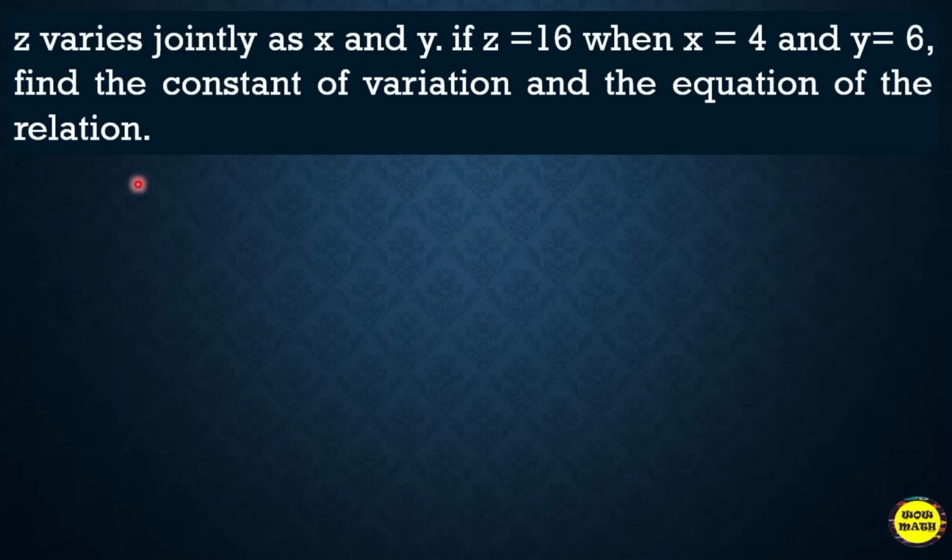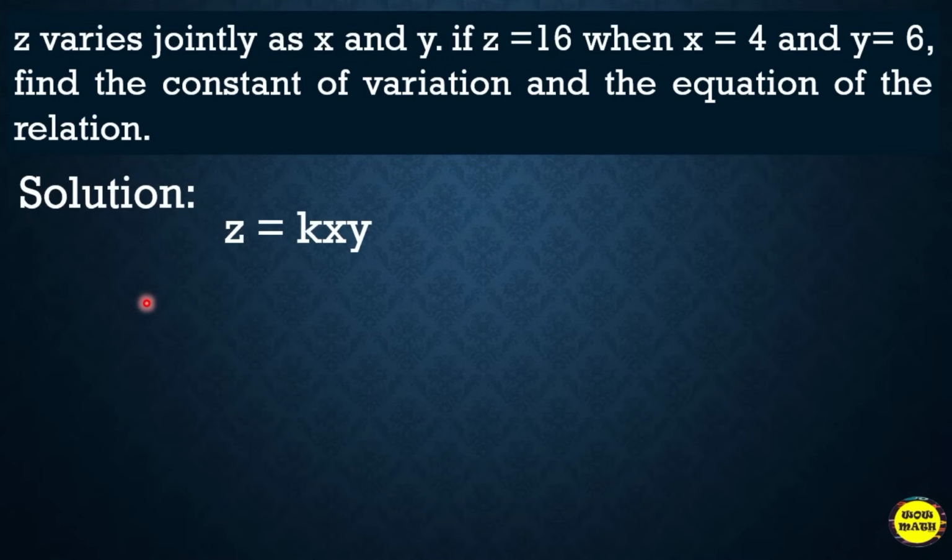So, first, tingnan nyo kung ano yung nakalagay na variable. So, para hindi tayo malito kanina, the variables involved are A, B, and C. Dito naman, Z, X, and Y. So, kailangan natin tingnan mabuti. So, pag translate natin nito sa mathematical sentence, that is Z is equal to KXY.